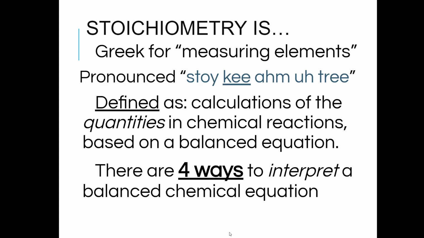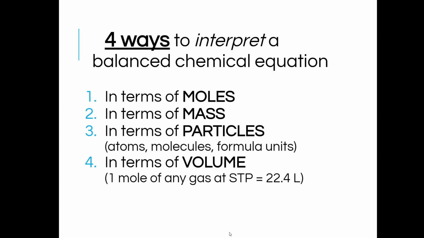And there's going to be 4 different ways that we can measure elements here going forward. The first is going to be in terms of moles. The second is going to be in terms of mass. The third is going to be in terms of particles. And the fourth is going to be in terms of volume, okay?